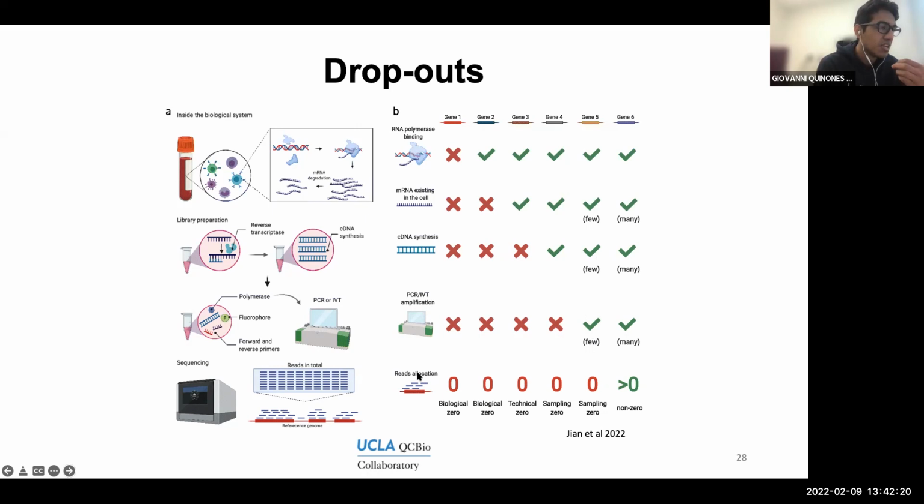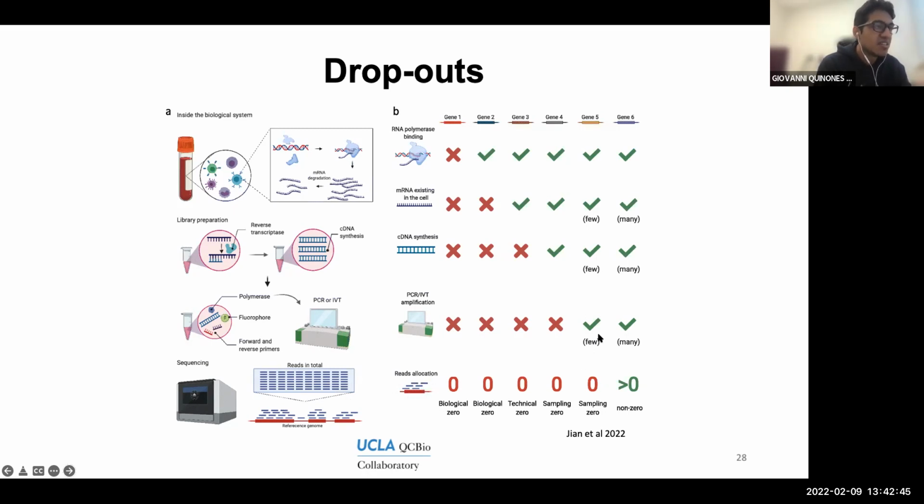So when it comes to the latter step, which is the mapping, where you've sequenced the reads and then you are aligning or mapping them to the gene of origin, somewhere in this process you maybe do not get enough of these reads being sequenced, or you're just not able to map them to the appropriate gene.